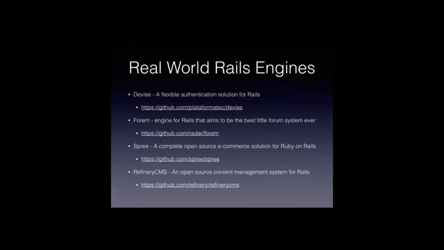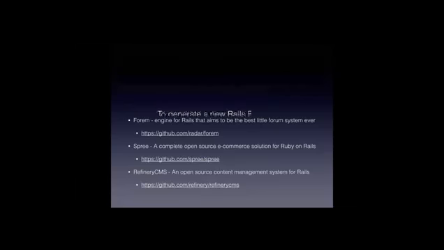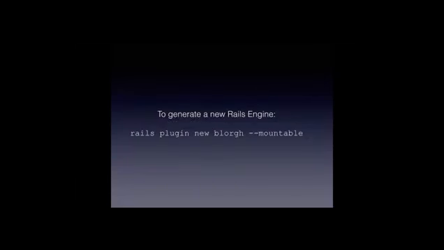So real quick, to generate a new Rails engine: everything in Rails, you've got your scaffolding generators and everything, well, you can generate a Rails engine using this command here. Rails plugin new blur, and mountable means I want to mount it inside of my application. I want it to have the ability to do this hierarchy or inheritance kind of concept.